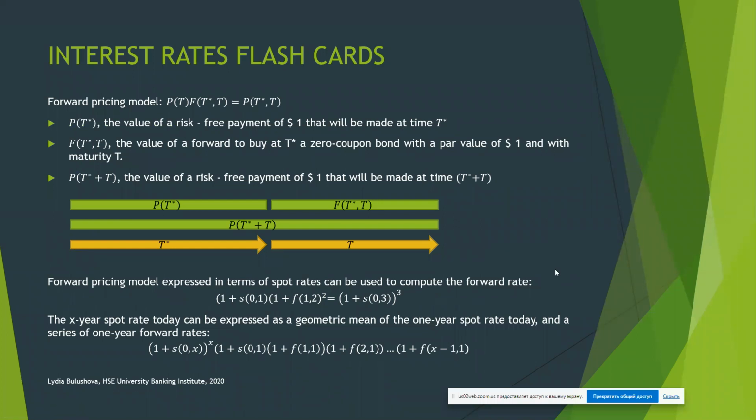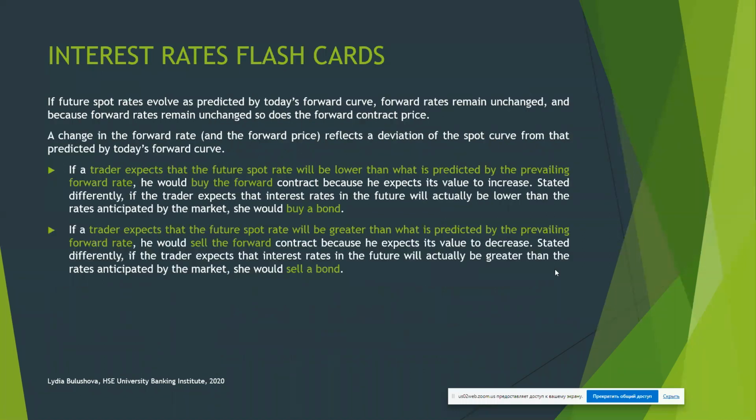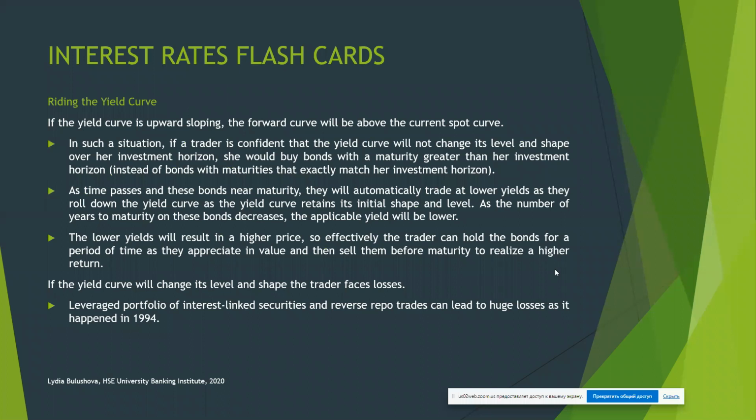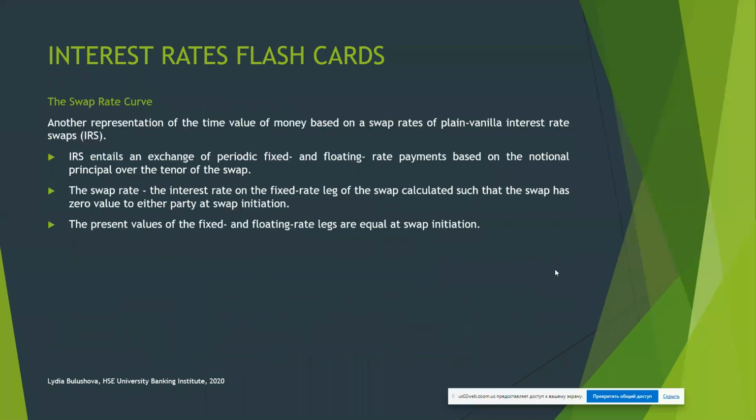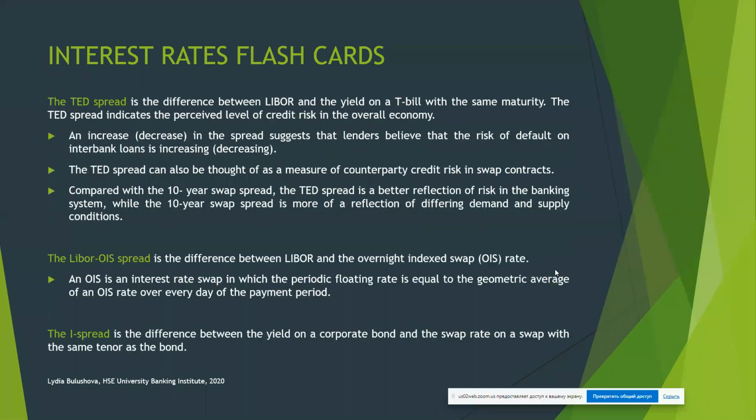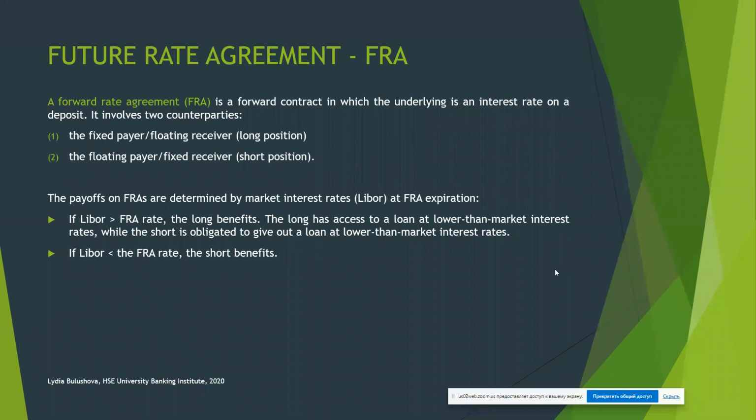We need these interest rates to understand FRA contracts. So I think I will move to FRA contracts, and it will be easier for you to understand why we talk about interest rates in the course of derivatives.